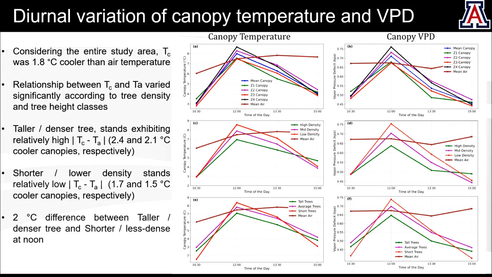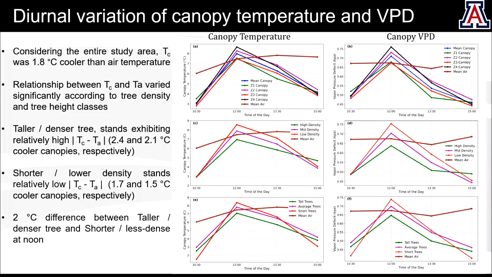We also found the relationship between canopy and air temperature varied significantly according to tree density and tree height classes. The canopy temperature over taller and denser trees is 2 degrees Celsius cooler than shorter and less dense trees at noon. Taller and denser trees also warm up and cool down much slower than shorter and less dense trees.